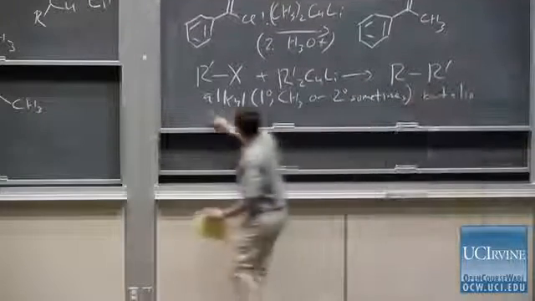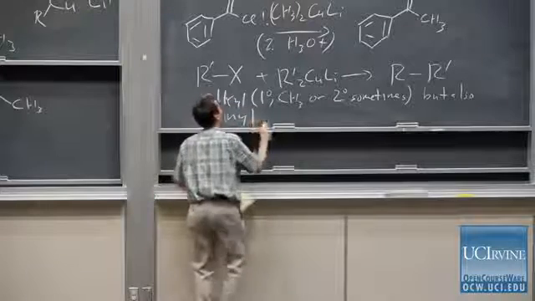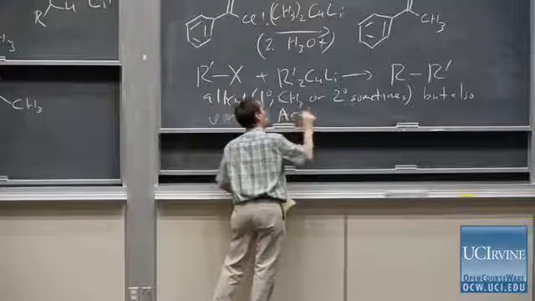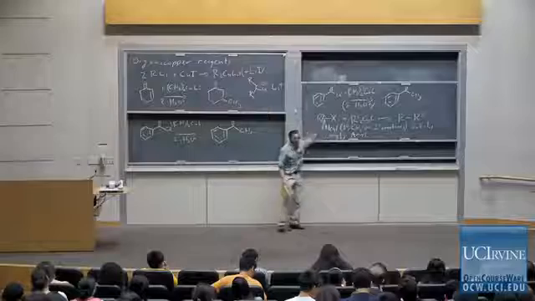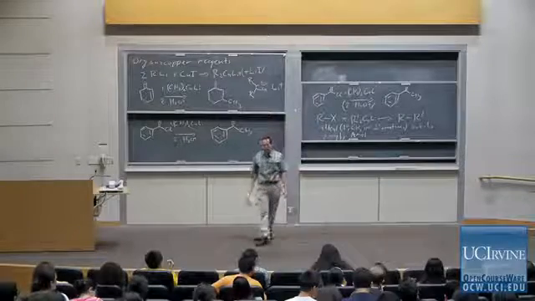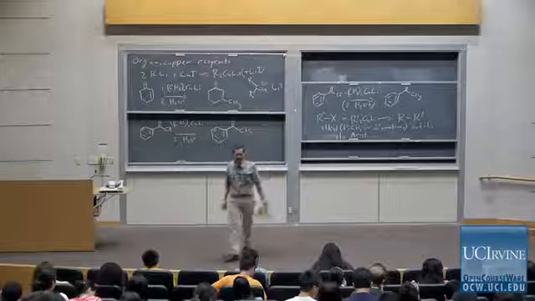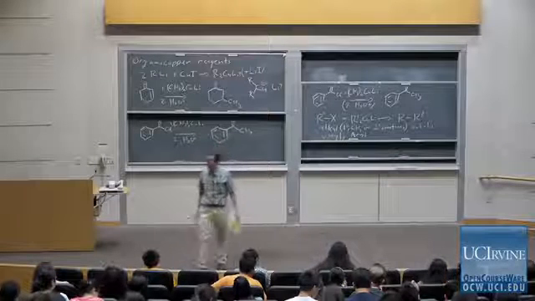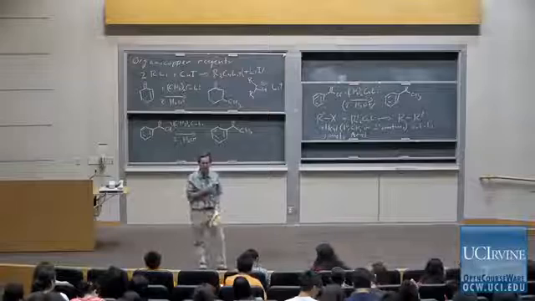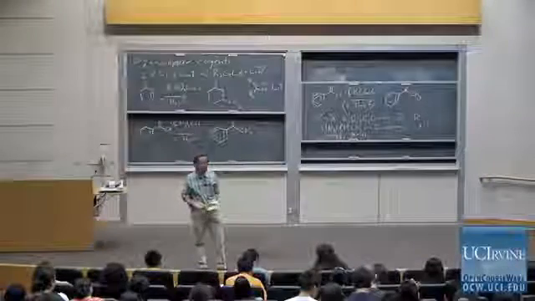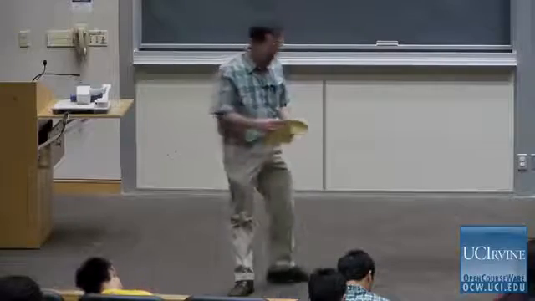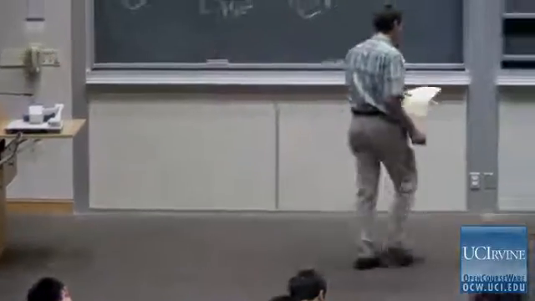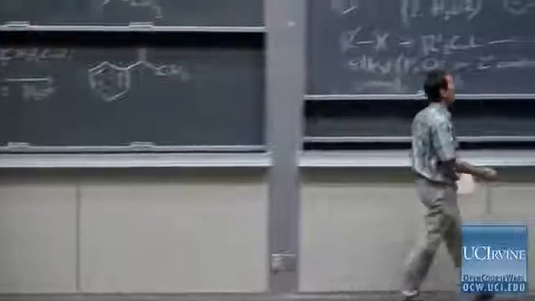vinyl and aryl, in other words, a benzene ring. In other words, we're doing a reaction not only at things where you might expect the conventional SN2 displacement, but also a lot of compounds like this vinyl chloride compound where you wouldn't expect a conventional SN2 displacement reaction.